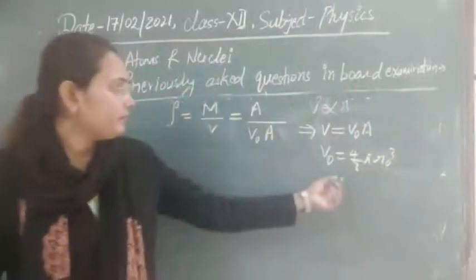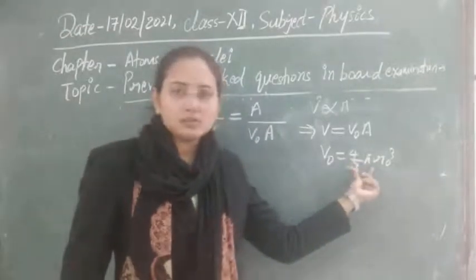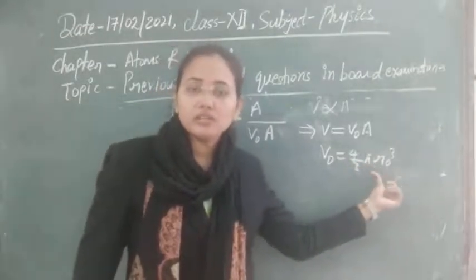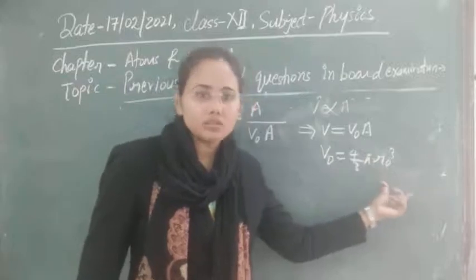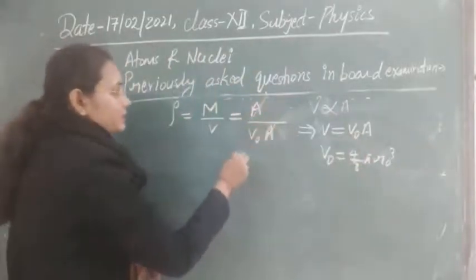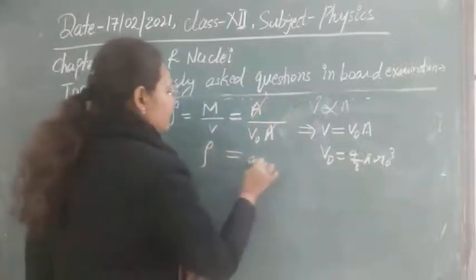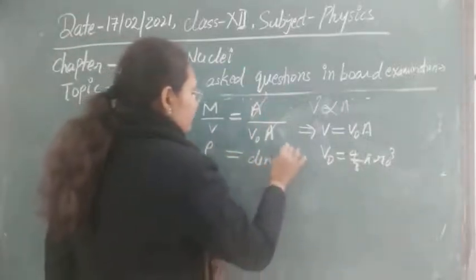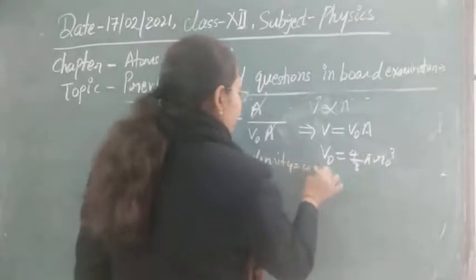Here 4 by 3 pi is constant, R0 is also a constant. It means that as a whole V0 is a constant. Obviously this is the proportionality constant. So if this A is cancelled out, then the density is obtained as a constant.